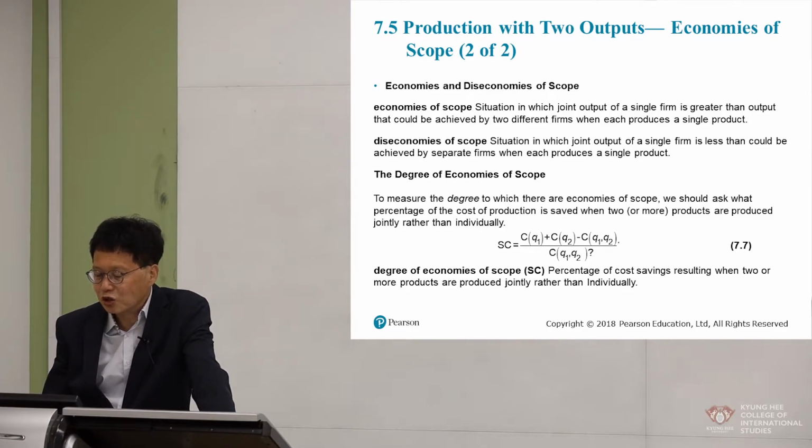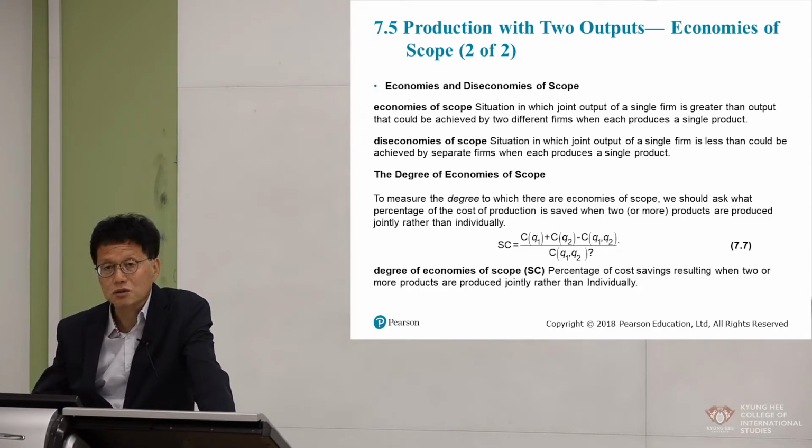Economies of scope means a situation where the joint output of a single firm, one firm producing two goods, is higher than the output that could be achieved by two different firms, each firm producing a single product, right? So one firm producing joint output is more efficient than two goods produced by two separate firms.